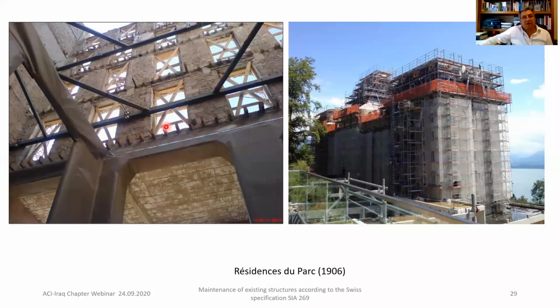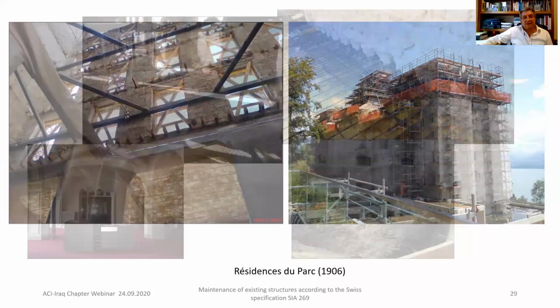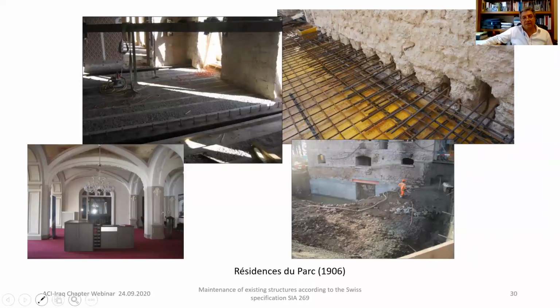So we evacuated everything here, and we supported the walls, the masonry walls, the stone work, and at the same time, you will understand that we kept the ground floor untouched, because it is a historical monument.